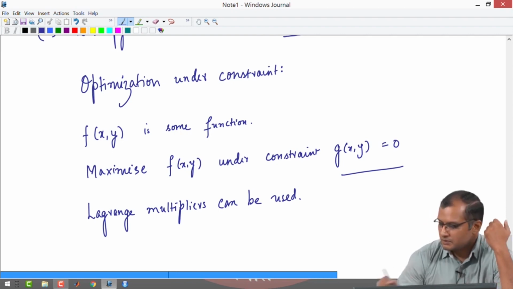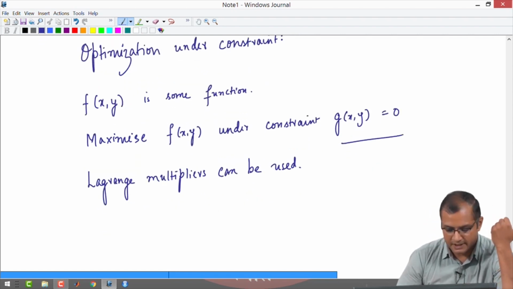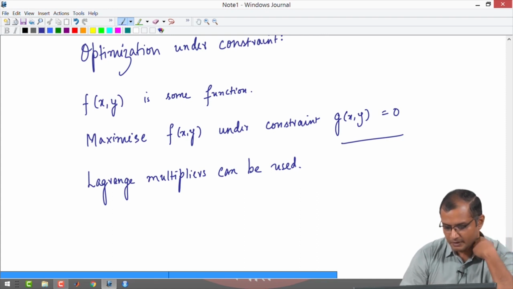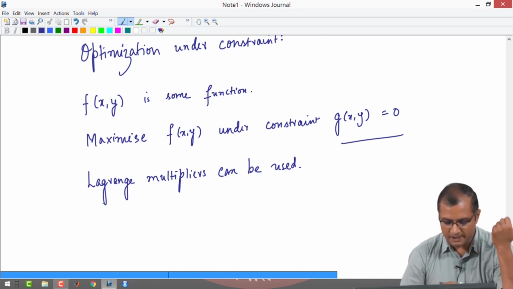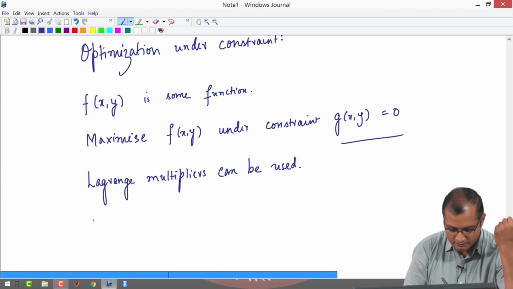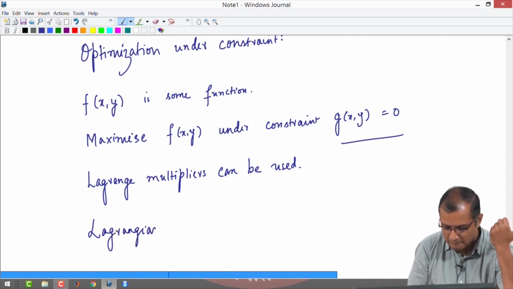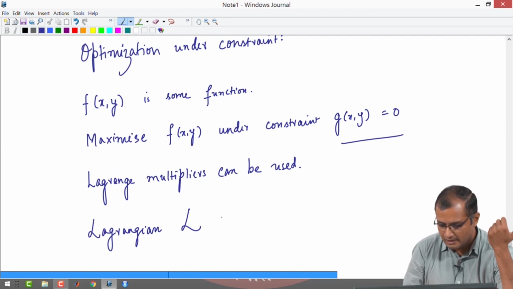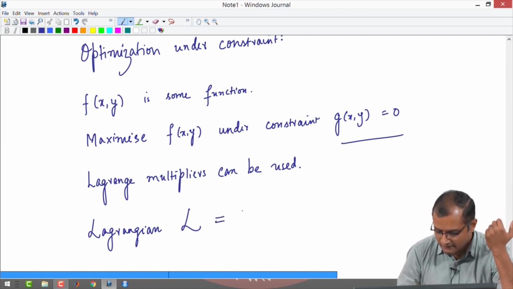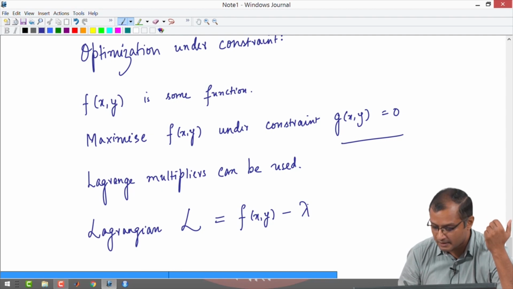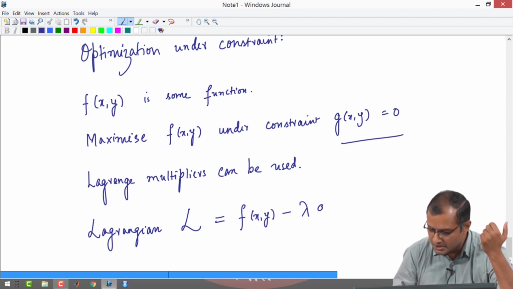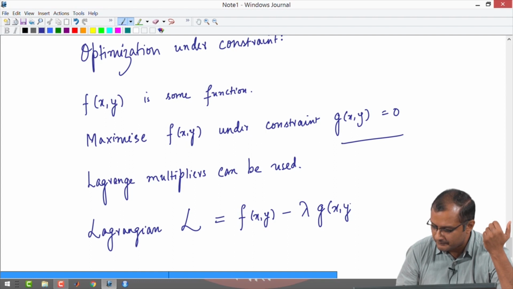Okay. So, let me demonstrate this method. The method of Lagrange multipliers simply states that you construct a Lagrangian, let us say that this is L. This is written as our function f minus lambda, which turns out to be a Lagrange multiplier, times g, which is our constraint.